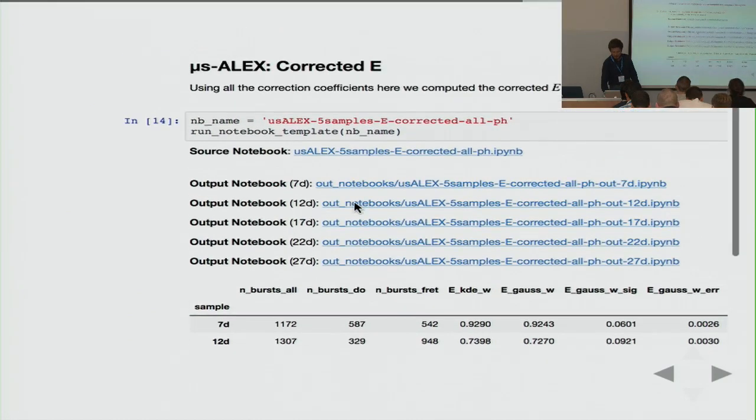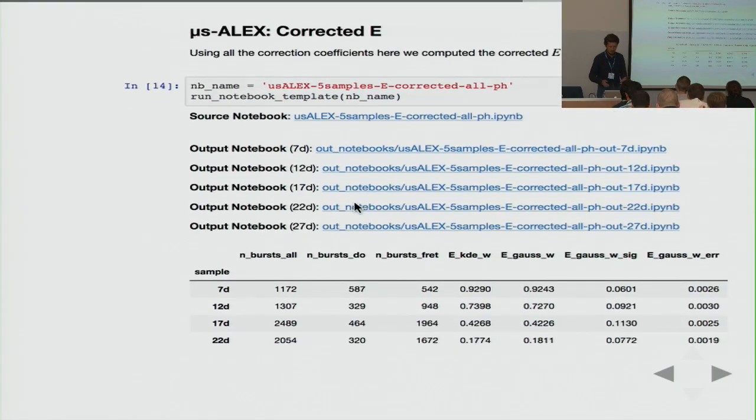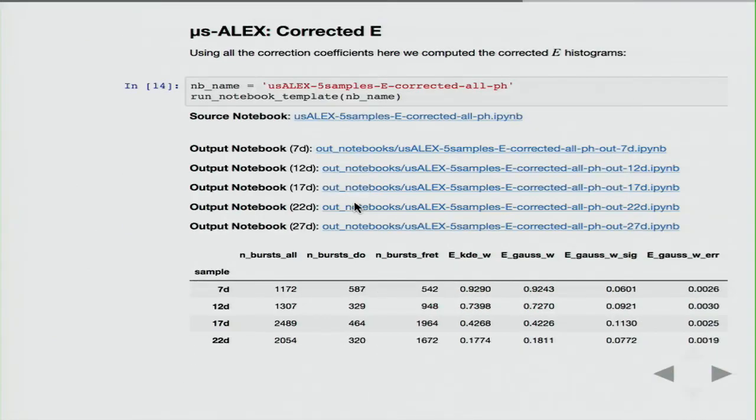This is from a paper that I published a few years ago. That's the summary notebook. At some point, I define the name of the notebook template, and then I have a function, run notebook template in this case. And automatically, this function runs the same notebook on 5 different data files that are called D7, D12, D17, and so forth.